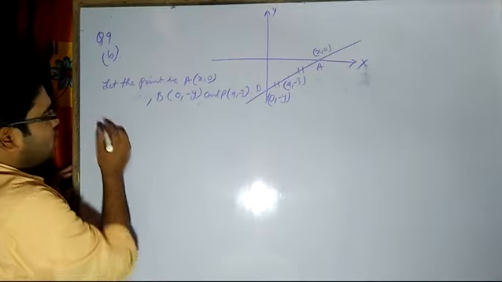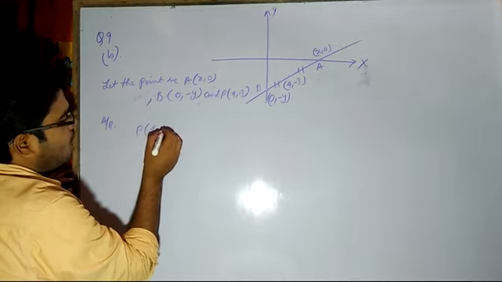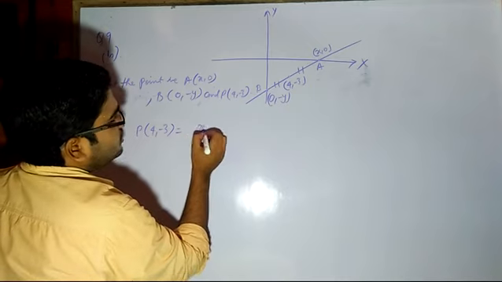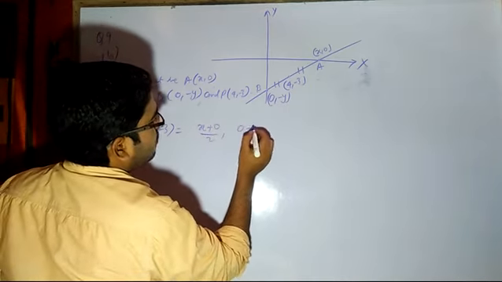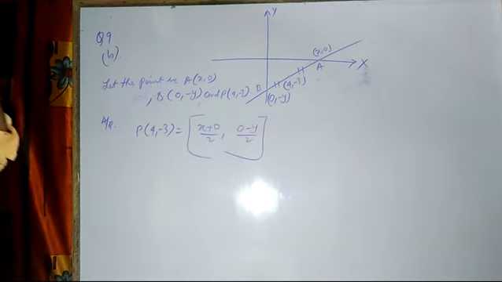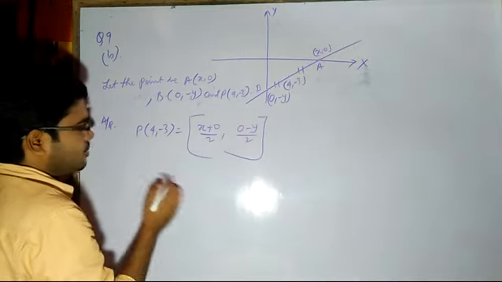So we can write, according to the question, P 4, minus 3 will be equal to x plus 0 by 2, 0 minus y by 2. Yes or no? For the midpoint we have seen the addition of abscissas and the addition of ordinates divided by 2.